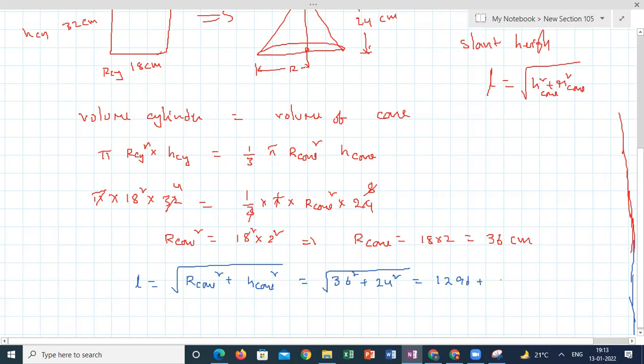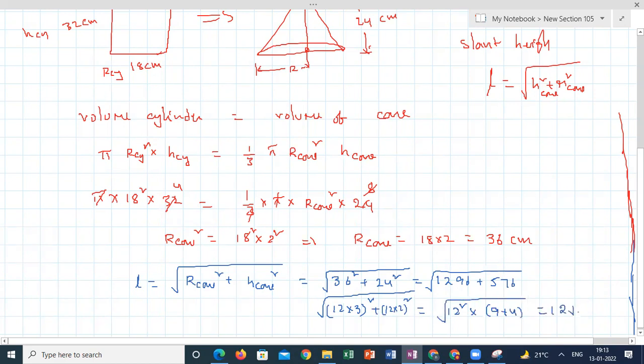This is 12 into 3 whole square plus 12 into 2 whole square under the root. I can take 12 square common into 9 plus 4 under the root. The answer is 12 root 13 centimeter, which is the slant height.